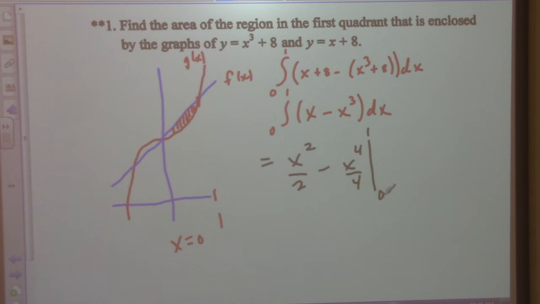It really helps out if one of your limits is 0, because it just makes your arithmetic easier. So you just plug in 1. So we're going to get 1/2 minus 1/4. So we're going to get 1/4. It's going to be our area between the curves. Okay.